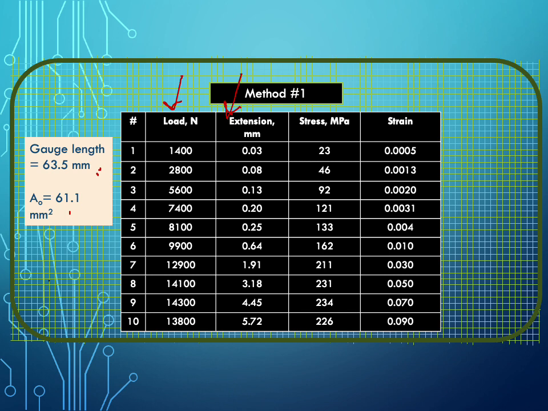And if I took this value of 0.03 millimeters extension and divided it by 63.5 millimeters, I would get a value of 0.0005. And so we do that for all of the data points in both columns. And then we have a stress versus strain data set.